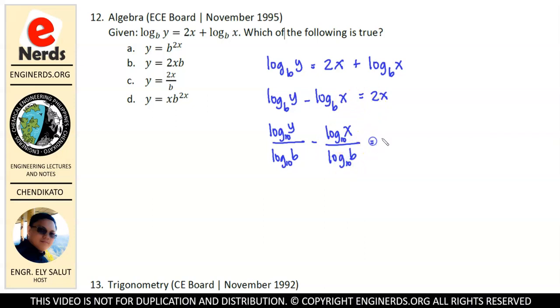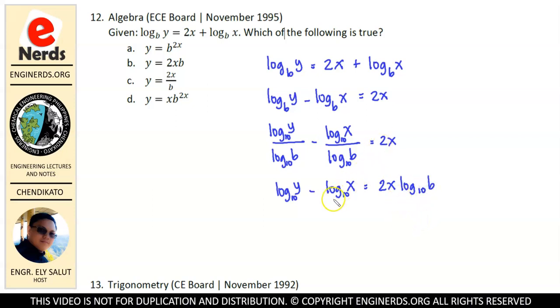Okay, so in this will be equal to 2x. Now, same denominator, we have here logarithm of b to the base of 10. So, multiplying both sides by logarithm of b with a base 10, we will have logarithm of y base 10 minus logarithm of x base 10 is equal to 2x, okay, times logarithm of b base 10, okay?